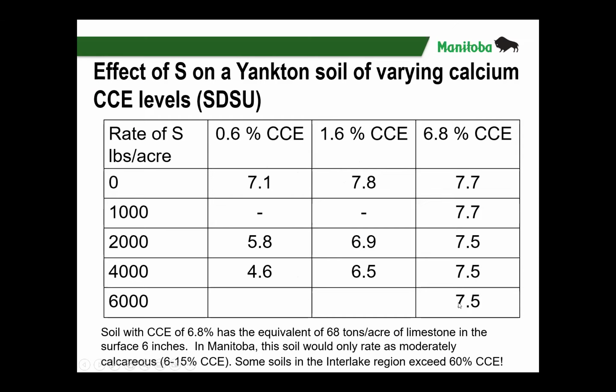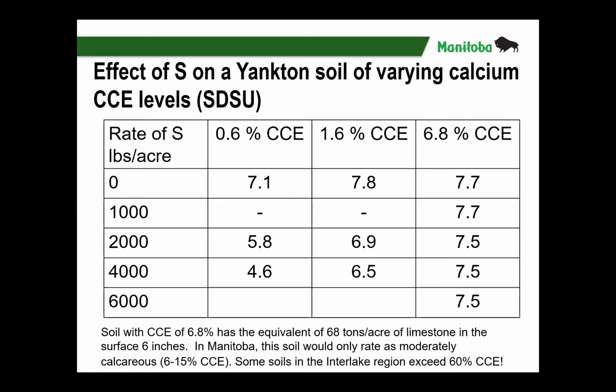Now, it's really, really important to think about this, because if you are looking at a higher pH soil, as we tend to have in Manitoba, we need to make note of whether or not you would actually have the ability to lower that pH based on the calcium carbonate equivalent. This 6.8% is equivalent of 68 tons per acre of limestone in the top 6 inches.